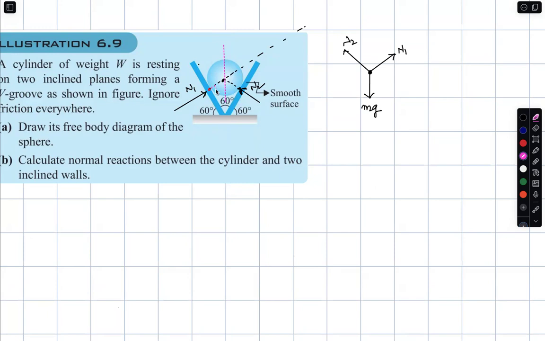Remember, this is 90 degrees. This is 90 degrees. This is 60 degrees. Can you please tell me what is going to be the total angle here? Anyone in the class? In the rectangle. 120. Yes, exactly. Correct. 120 degrees.